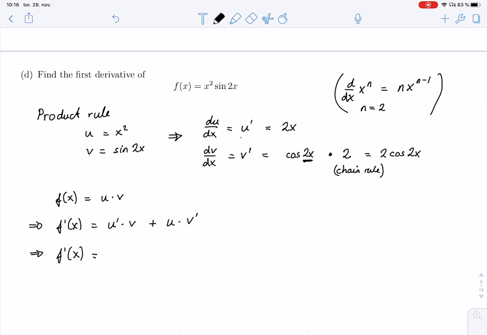So the derivative of u is 2x and v equals sine of 2x, plus u, which is x squared, times v', which is 2 cosine of 2x.